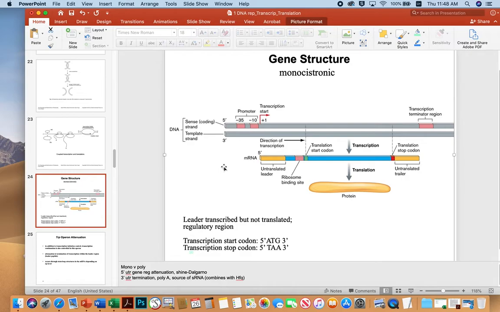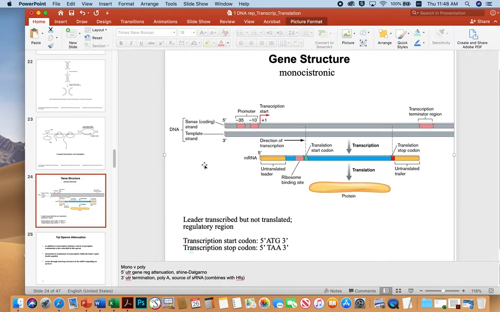You see a couple of features of the messenger RNA transcript, the first of which is the untranslated region. Then the ribosome binding site, which as the name suggests is where the ribosomes bind, the translation start codon, and the actual gene itself in blue, and then an untranslated trailer region. The so-called leader and trailer regions, the 5' and 3' untranslated regions, are really important for a variety of things.